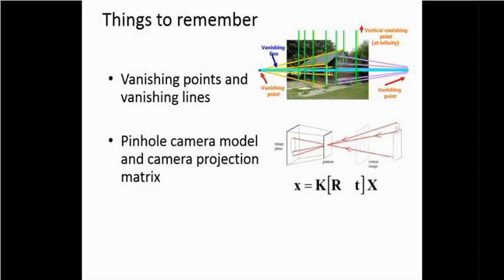And then we have this pinhole camera model and projection matrix, where we have a 3D point, and we model it in homogeneous coordinates. That projects, first we rotate it and translate it into the camera coordinate system. So if we have different cameras at different positions, then let's say I take a video camera and I move it around, I'll have the same intrinsic matrix everywhere, but the rotation and translation will change as I move the camera.